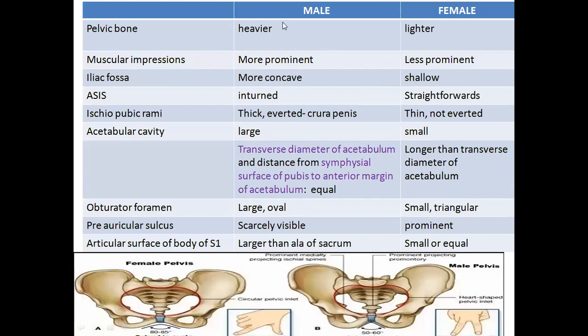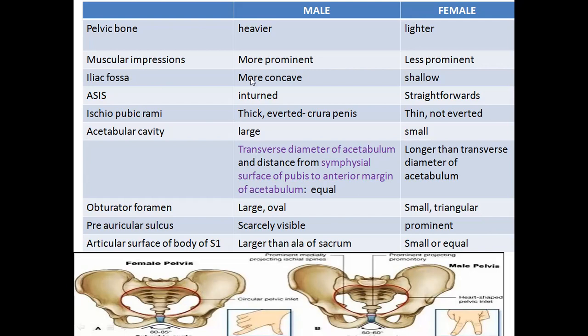We have a few more differences between male and female pelvis. Pelvic bones are heavier in males and lighter in females. Muscular impressions are more prominent in males and less prominent in females.